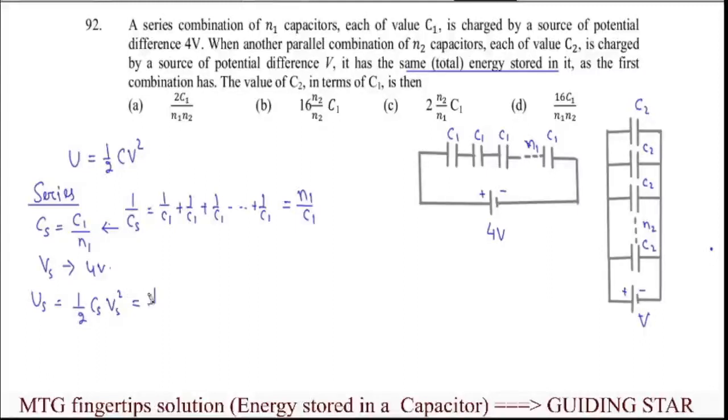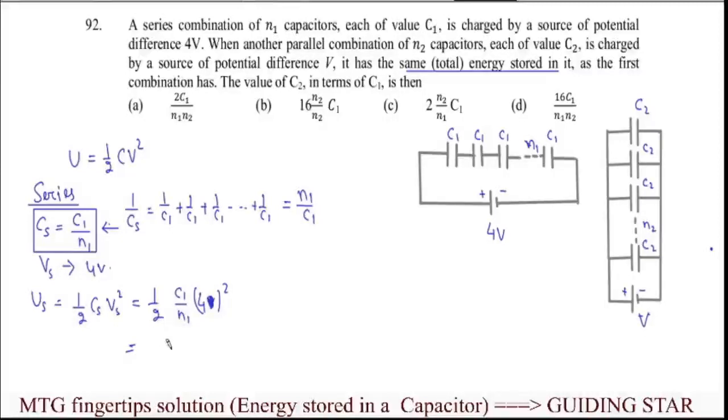CS is C1 by N1, and Vs is 4 volt, so 4 square is 16.